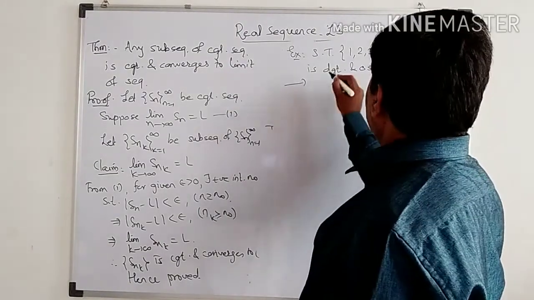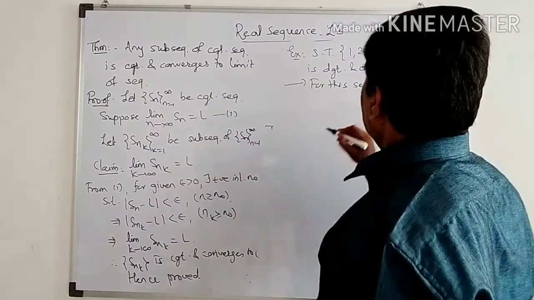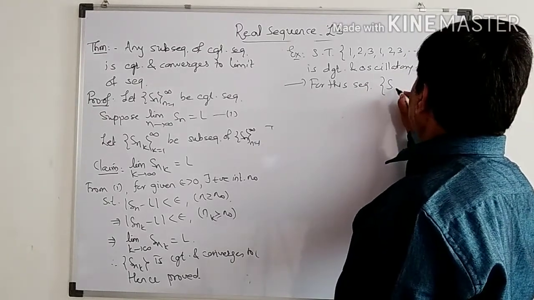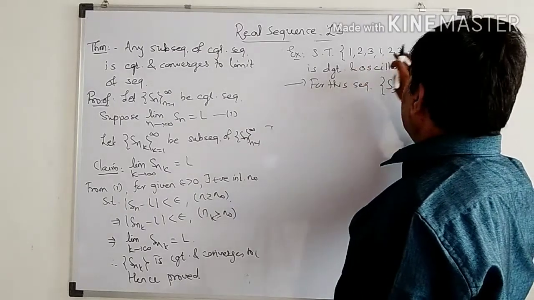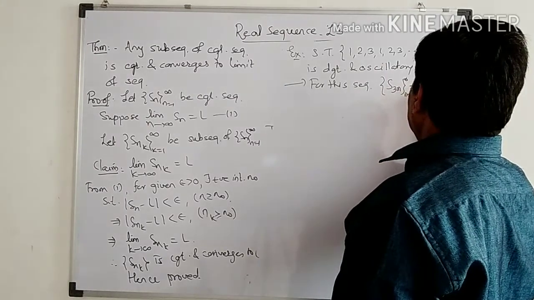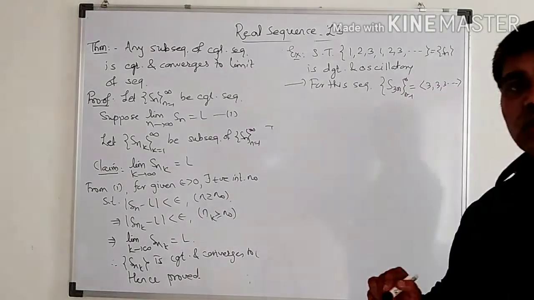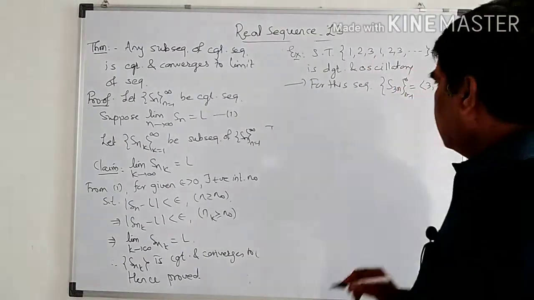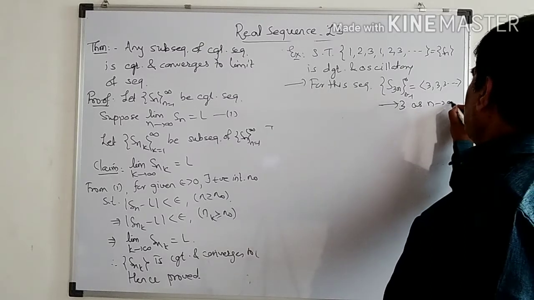So solution for this sequence: if I take S3n, that is S3, S6, n equal to 1 to infinity, this sequence will become 3 3 3, which is a constant sequence, and a constant sequence always converges to that term, which tends to 3 as n tends to infinity.